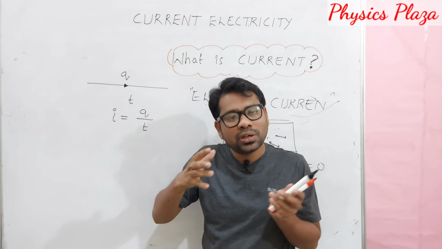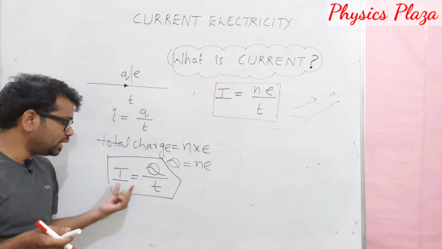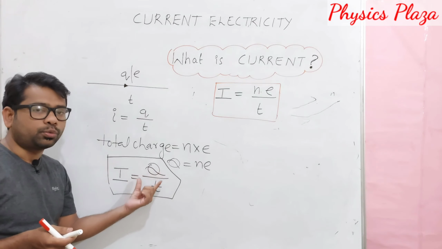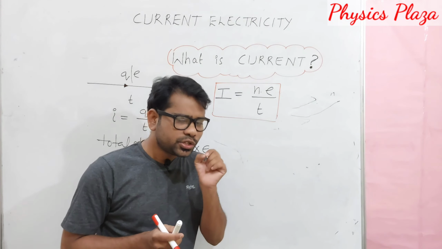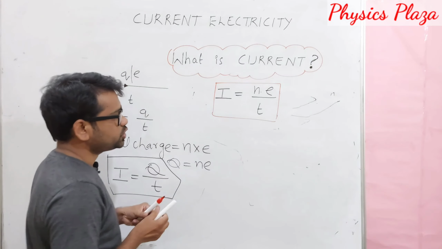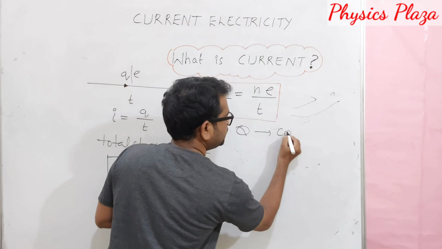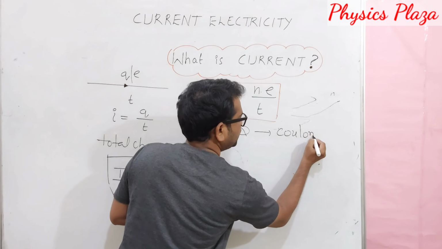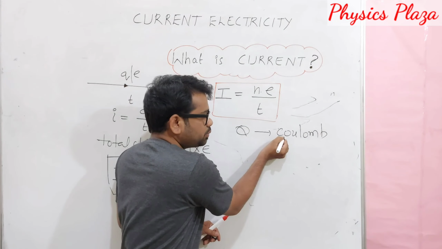Whereas I is equal to Q by T, when total charge is given and time taken is given, you can calculate electric current I is equal to Q by T. Then what are the units of electric current? Children, we know that electric charge is measured in coulomb, C-O-U-L-O-M-B. Dear children, whenever you are writing the complete name of the unit, the first letter must be small.